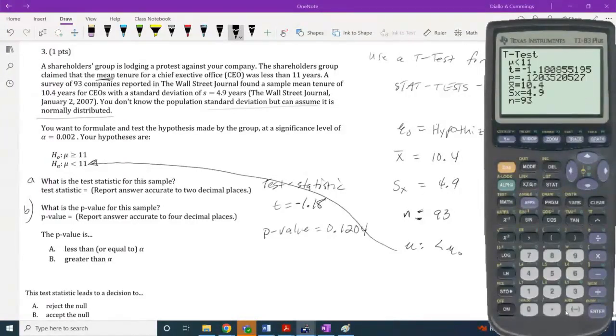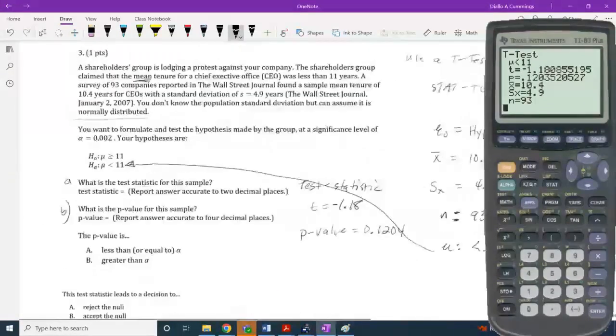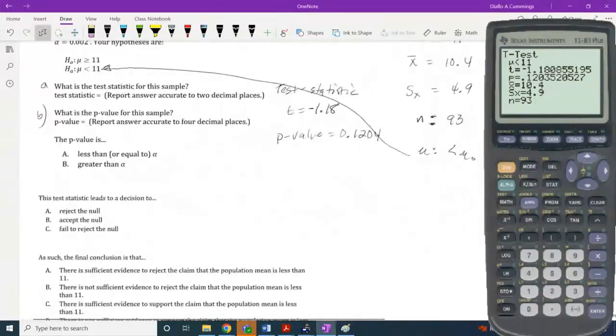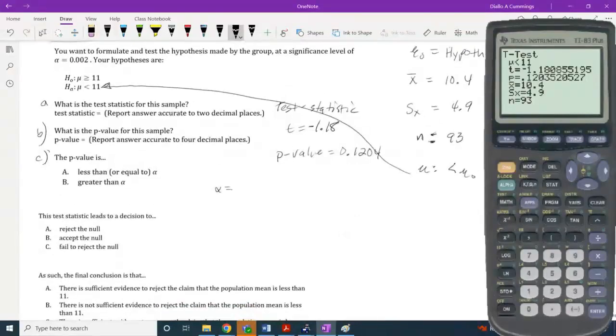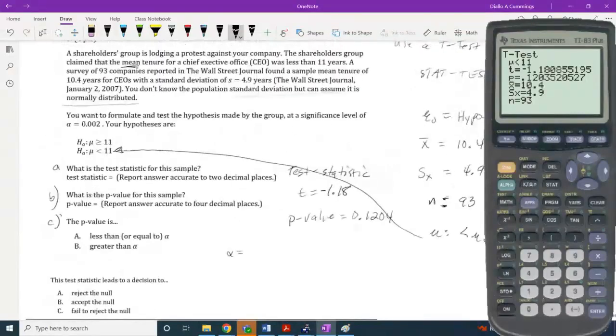So now we got to make a determination. So C says, the p-value, is it less than or equal to alpha, or is it greater than alpha? Right, it's greater. So we're going to compare them. So the alpha was given in the problem.